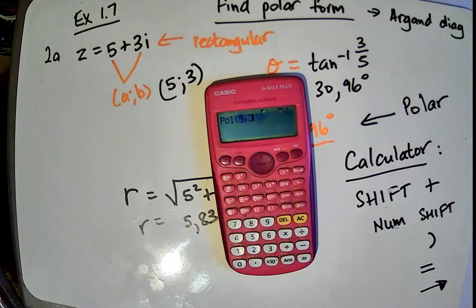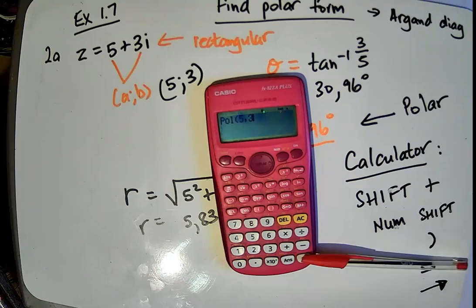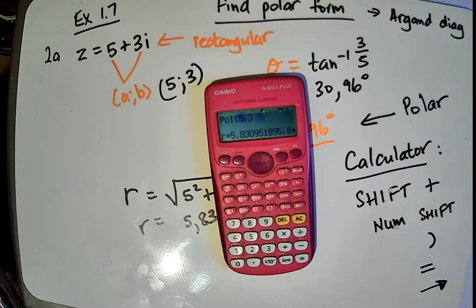On the screen, can you see the 3? Then you're going to press equal to. And after equal to, you can see our answer there, 5.83. Can you see our answer for r was 5.83? And then you're going to use that round circle on the top, pressing the right hand side. And now it's going to give you the angle, which is 30.96. Isn't that so simple?